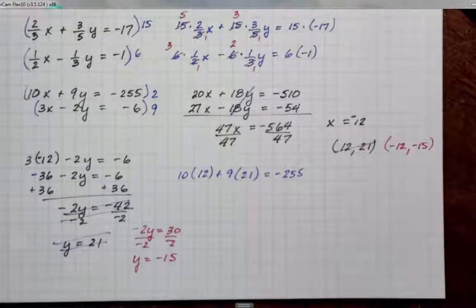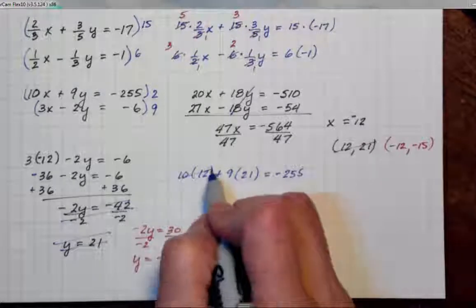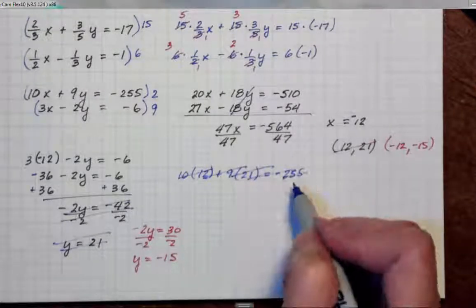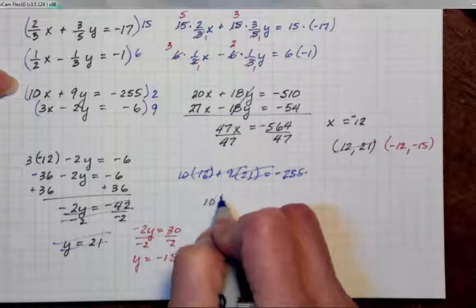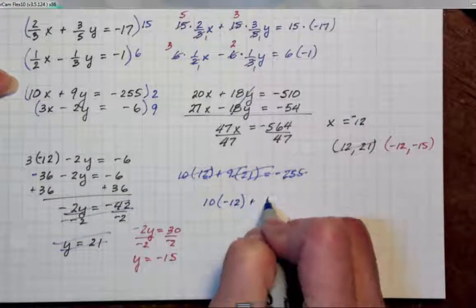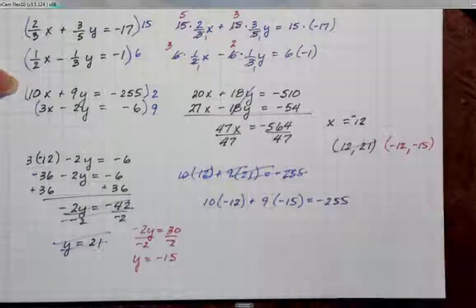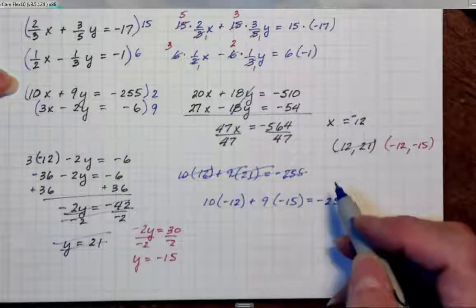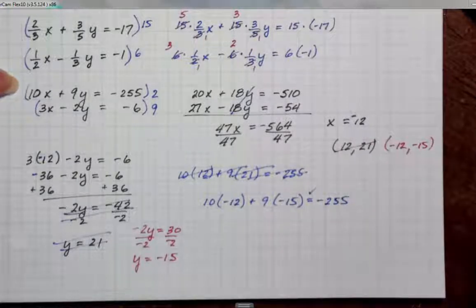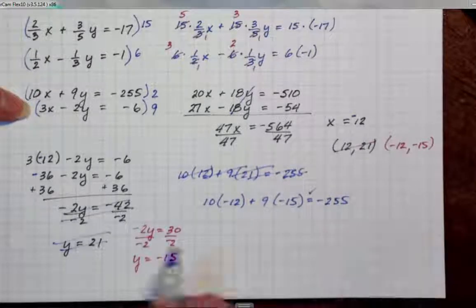So let's go back through. We know this one's not right. Try it again. So I'm going to do 10 times negative 12 plus 9 times negative 15. And is that equal to negative 255? And after using my calculator, yes, that checks. Then try the second equation, because it could work in the first, but not the second.